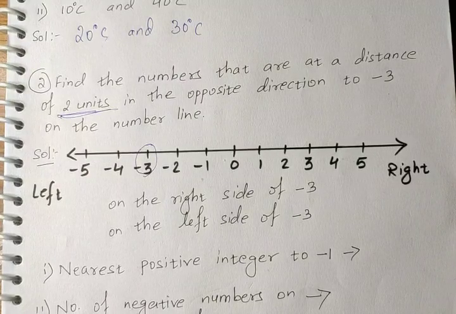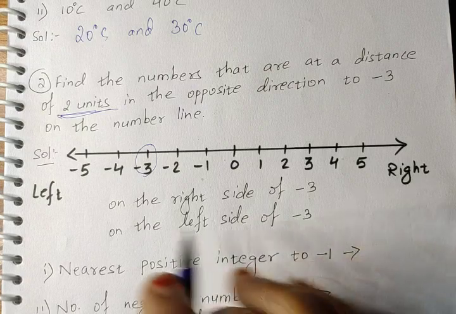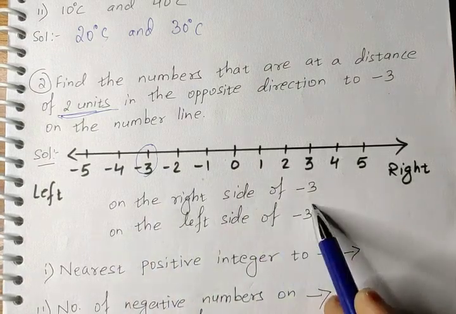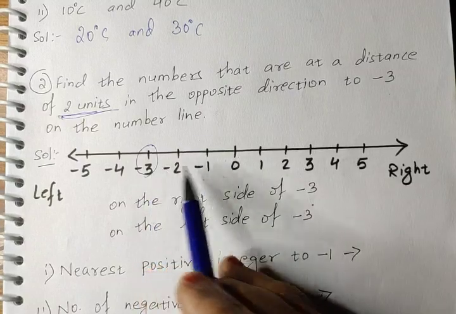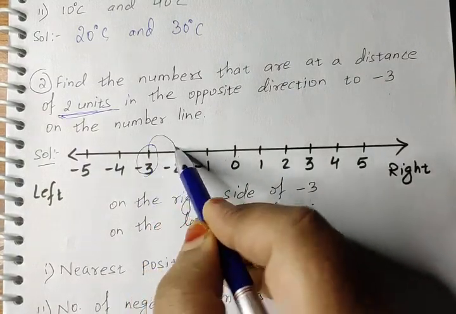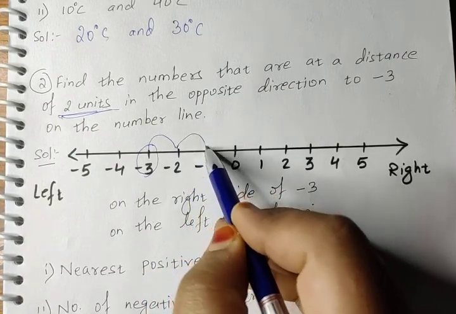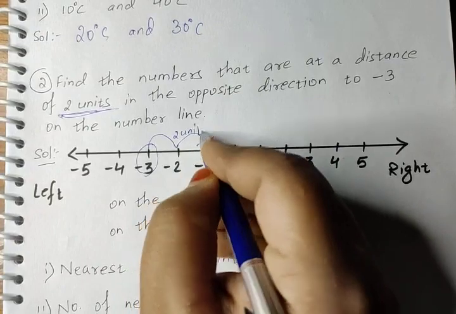Now you have to find the numbers which are at a distance of 2 units in the opposite direction of minus 3, that is, on the right side of minus 3. 1 unit, then again 1 unit, this is 2 units.